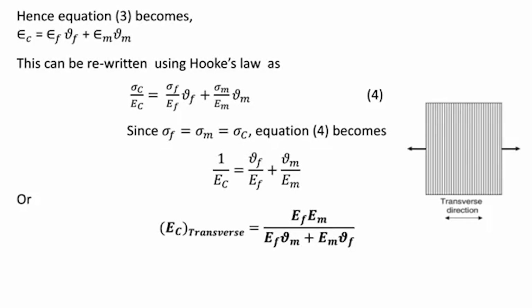So what I get is 1 over EC equals VF over EF plus VM over EM. In other words, EC here is EF EM over EF VM plus EM VF, or you can use this particular relationship. That is the composite modulus in the transverse direction.